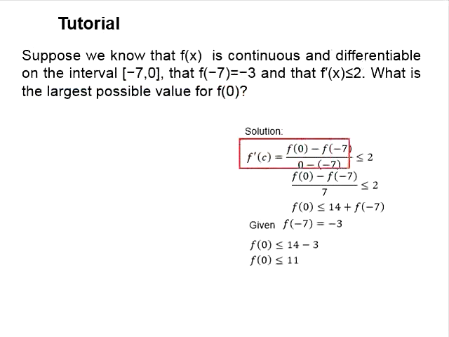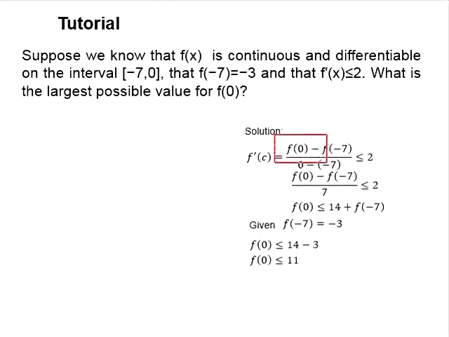Use the formula of the mean value theorem. Given f(-7) is equal to -3, the range will be -7 to 0. That means you will have to subtract the function at 0 minus the function at -7, and then 0 minus -7, as given in the range here. Substitute -3 into the function of -7, and it is given that the differentiation of f(x) is less than or equal to 2.